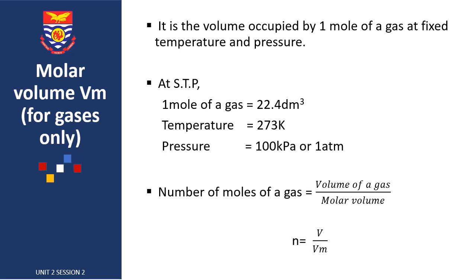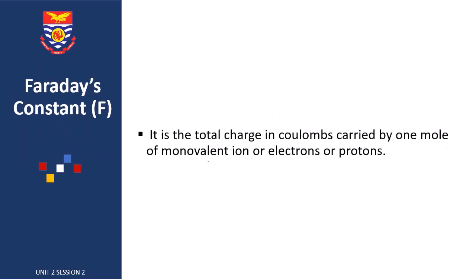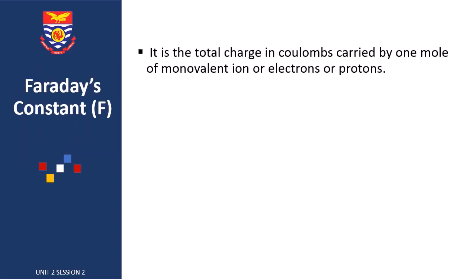The next is Faraday's constant, and with the Faraday's constant, we are looking at the total charge in coulombs carried by 1 mole of a monovalent ion or electrons or protons. We know that 1 mole of every substance contains 6.022 times 10 to the power 23 particles.